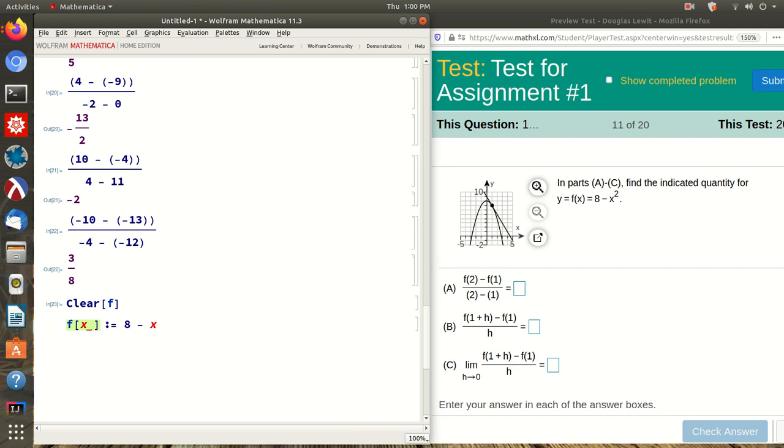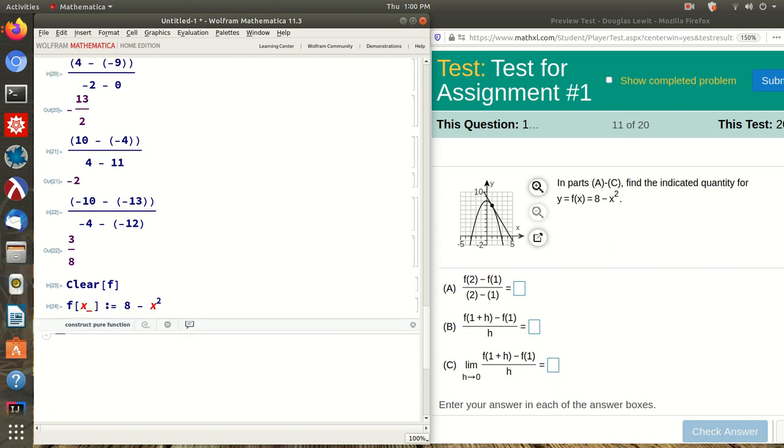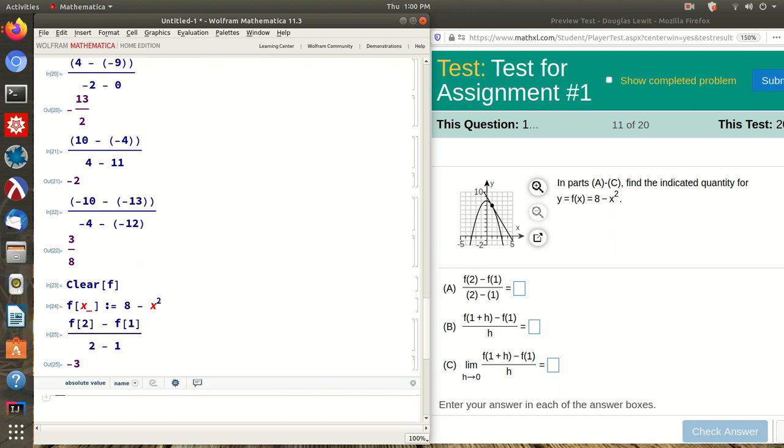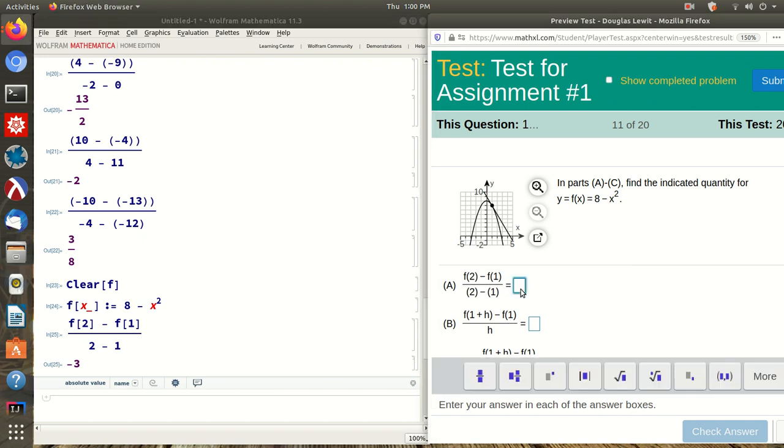Or if I want to make it look nice, I can do control 6 for the power 2. Shift enter. Okay, so then for part A, f of 2 minus f of 1, control divide by 2 minus 1. Shift enter. That answer is going to be negative 3.